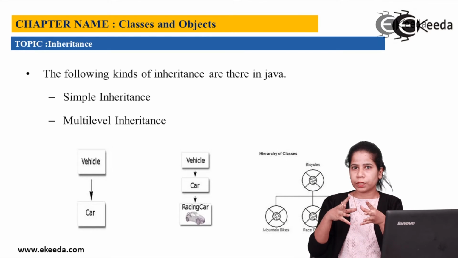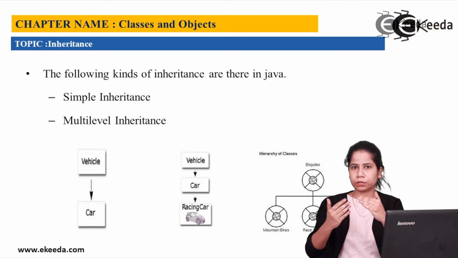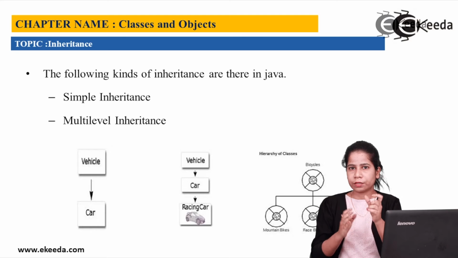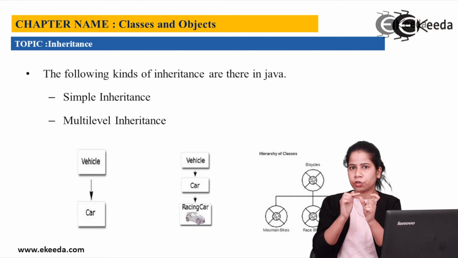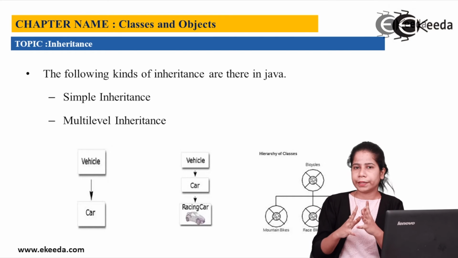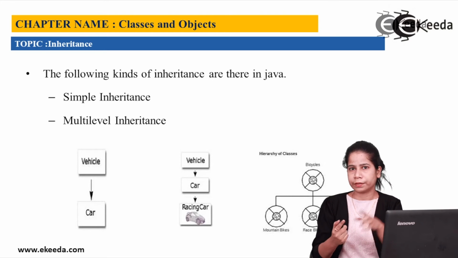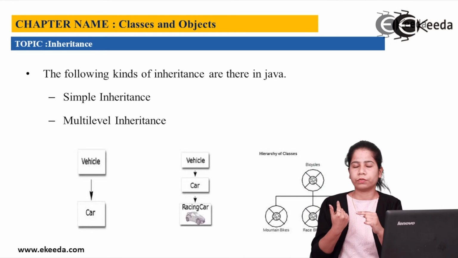Now class C is taking features of both, right? Whenever we are talking about that common variable or common feature, there is a problem to identify exactly which parent this particular feature came from, A or B.